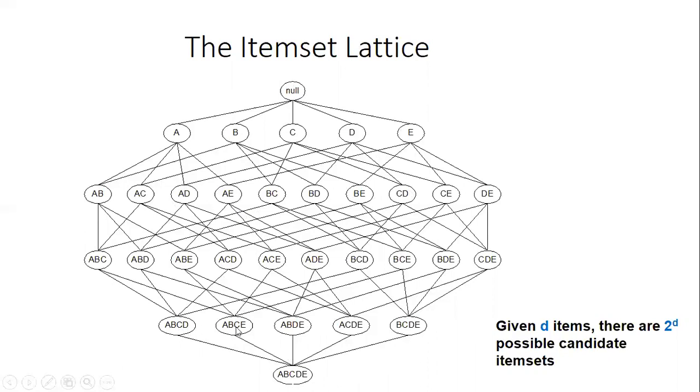Okay, we have 32 candidates. This is one candidate, this is one candidate, this is one candidate. So what was done in the brute force approach means all the candidates were considered.